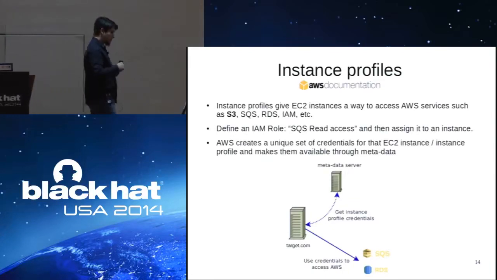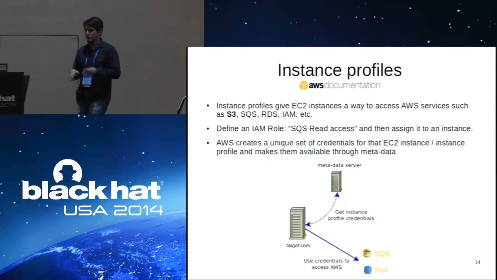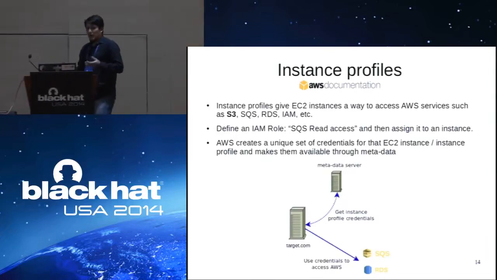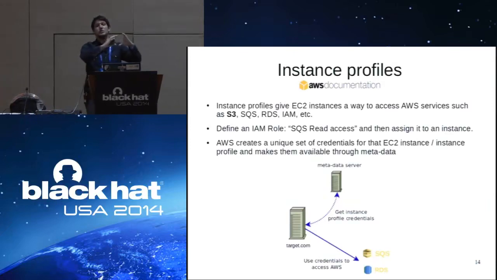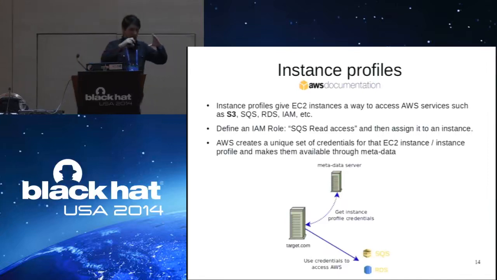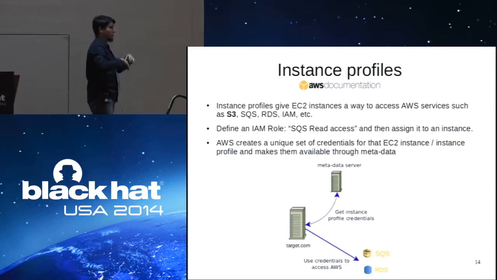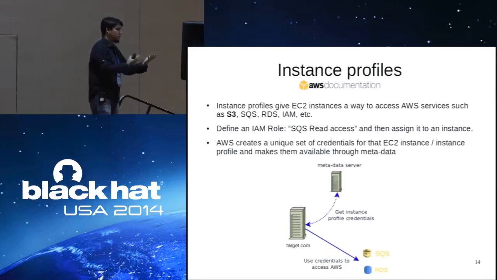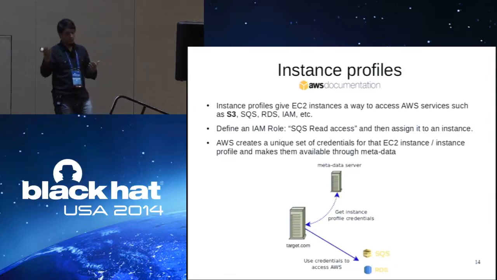Okay? So all of this you need to configure. It's not magic. You need to do it. You need to configure it. But once you have instance profiles applied to an EC2 instance, and from that EC2 instance you want to access S3, for example, the code running in that instance, for example, the code in Ruby, if you use Ruby, you're going to be using a library called Fog.